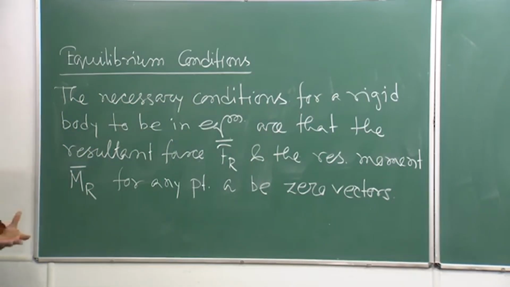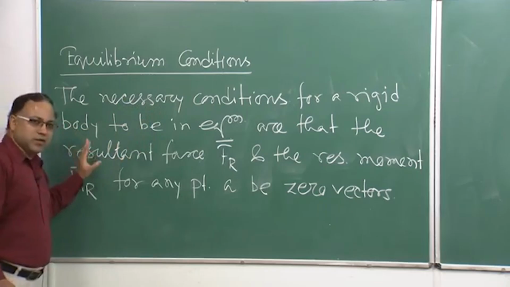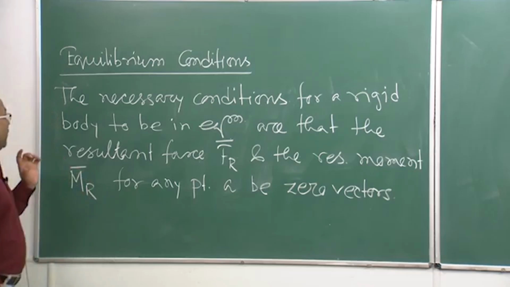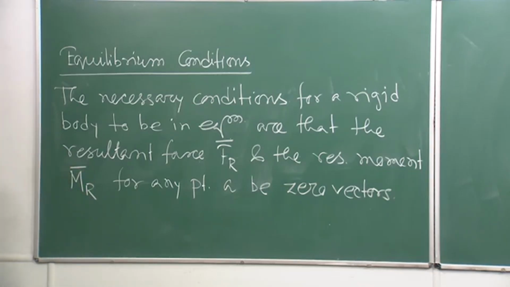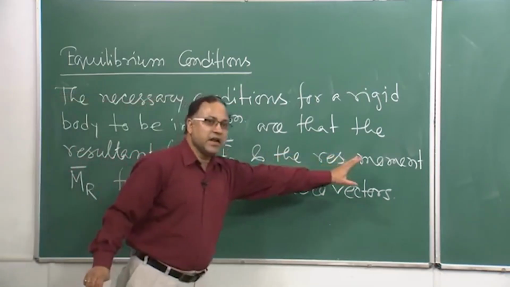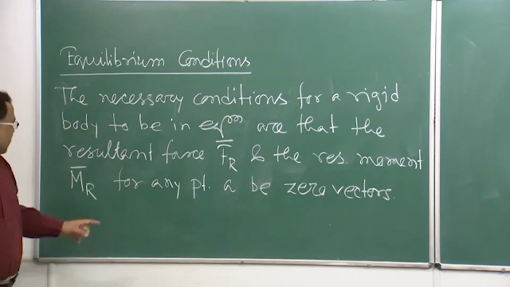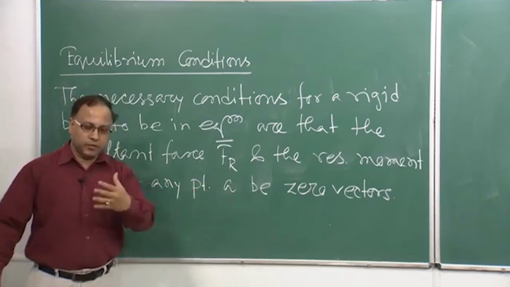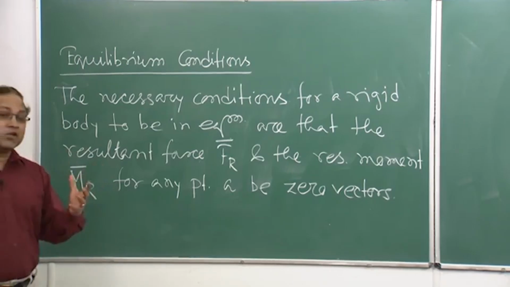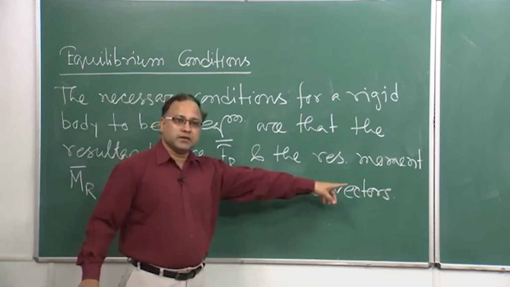This is the law of your equilibrium condition, that the necessary conditions for a rigid body, we are talking about the rigid body, to be in equilibrium are that the resultant force, that is Fr, and the resultant moment caused by those externally applied forces, for any point A, so any point in that space, and we have seen in the last lecture how we can calculate the moment with respect to some fixed point, must be 0 vectors.